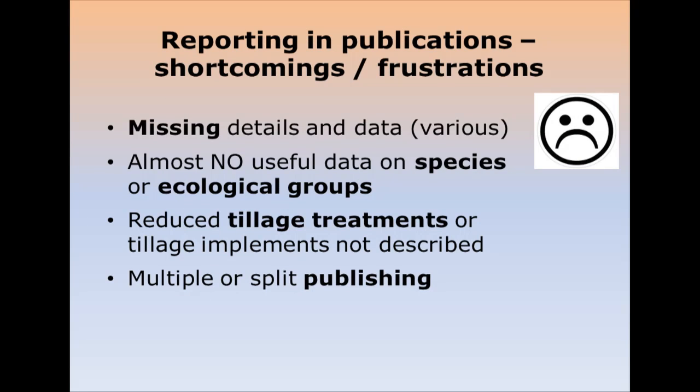If you do this work, you will see there is a lot of poor reporting, missing soil descriptions, and even the type of implement used and so on, which we will have to improve.